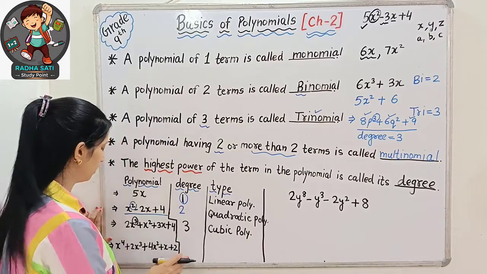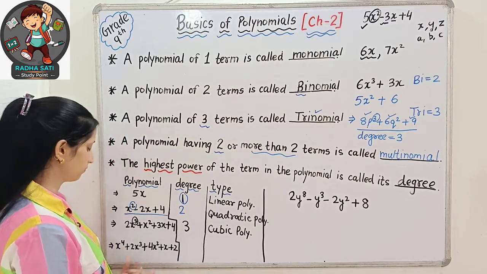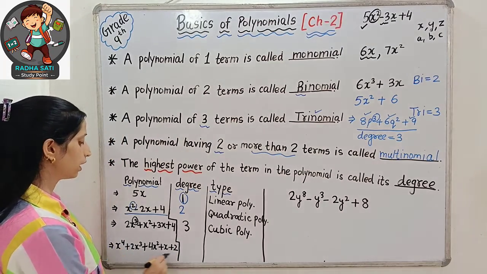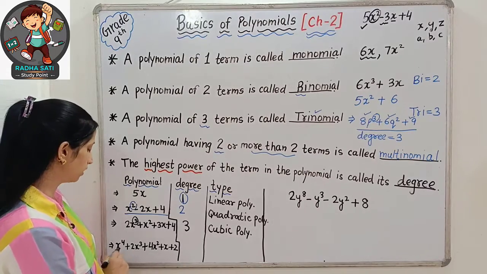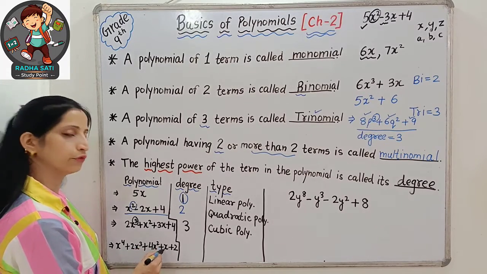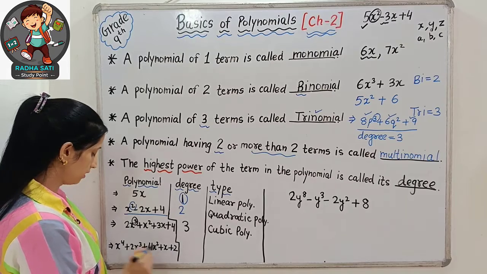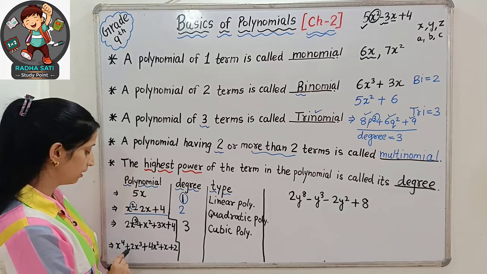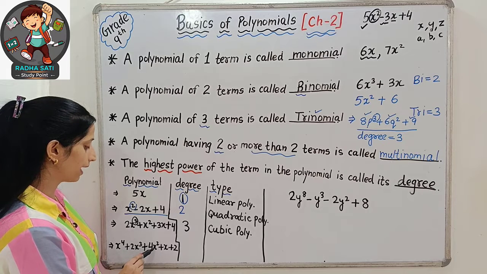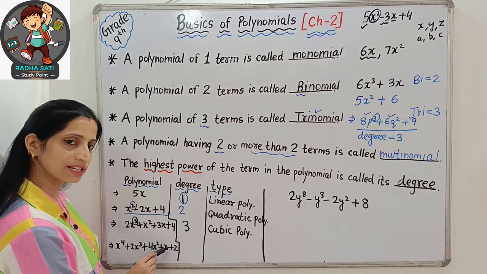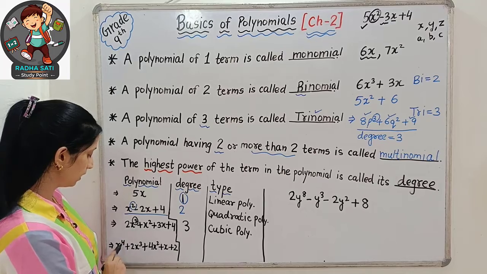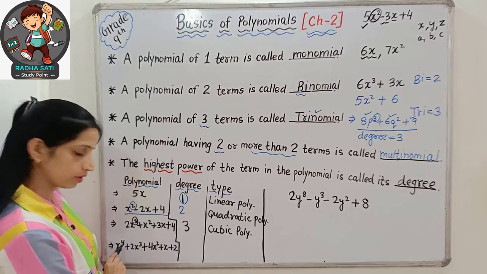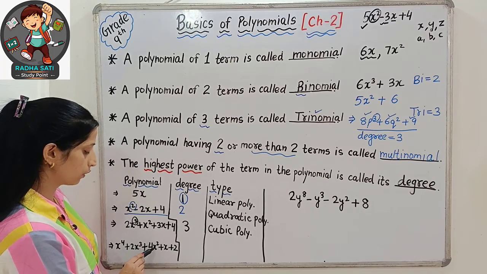Okay. Now come to this one. Now we can see there are 5 terms. How many terms? 1, 2, 3, 4, 5. And you can see that this is x raised to the power 4 plus 2x cube plus 4x raised to the power 2 plus x plus 2. What is the power of x here? 4. Power of x 3. Power of x 2.